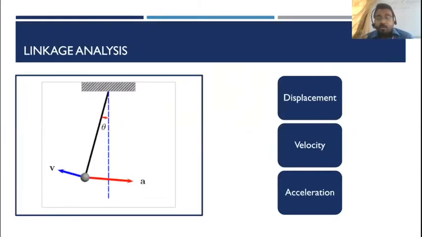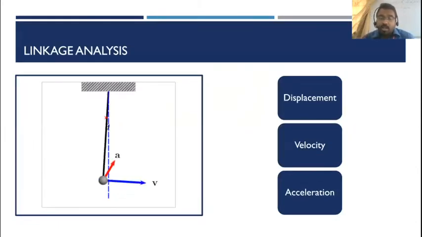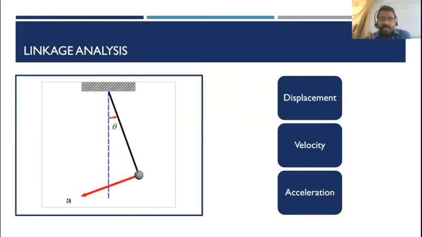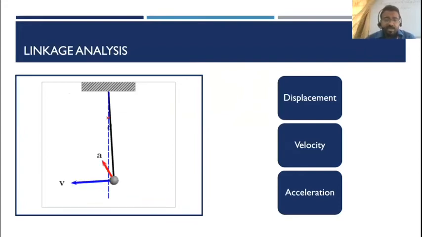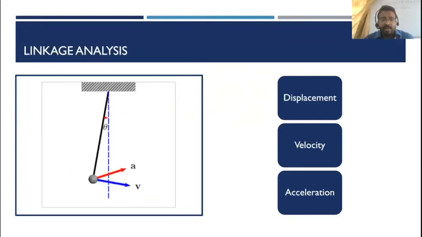And the second unit is going to focus on velocity and acceleration analysis. When linkages move to make a desired action, that is a constrained movement.